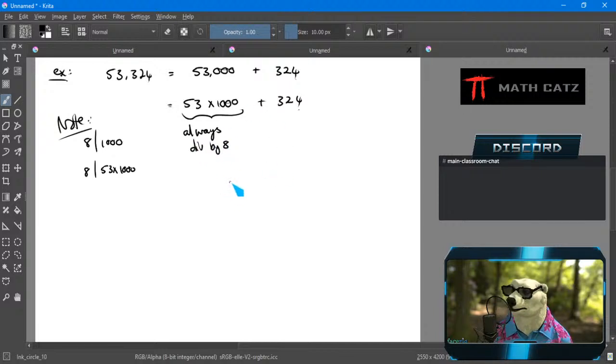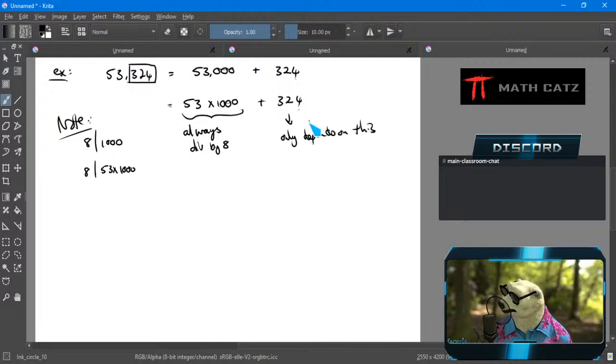And now I'm back on track, where my divisibility by 8 for the original number is only going to depend on this last number. Where does this number come from? From the last three digits. Then I can look and see, does 8 go into 324?